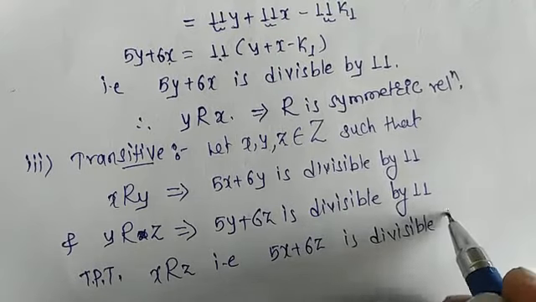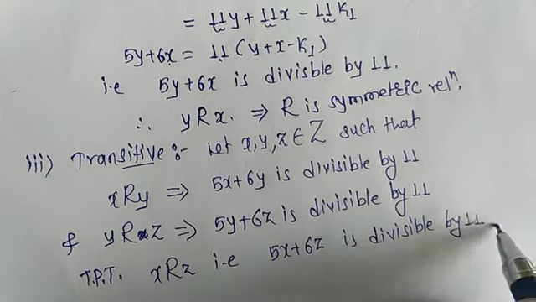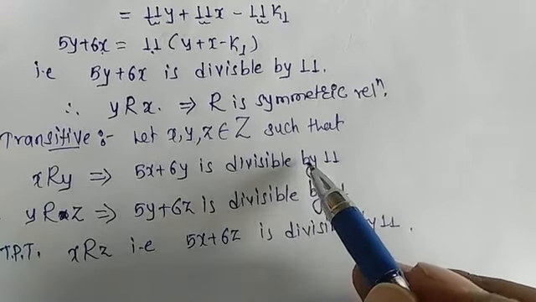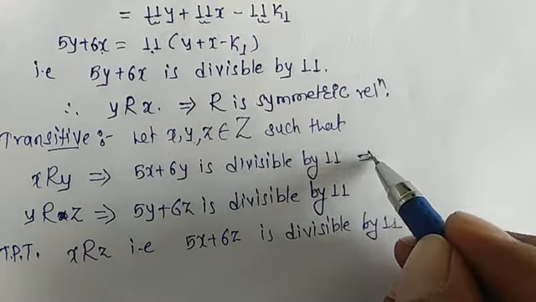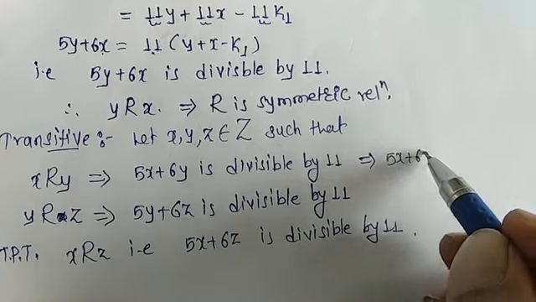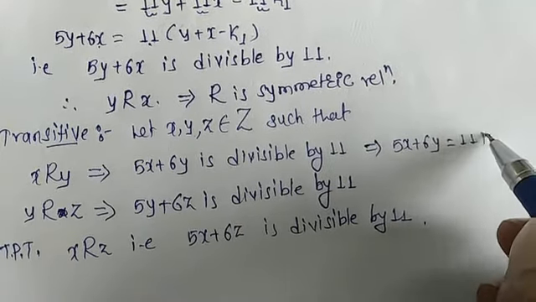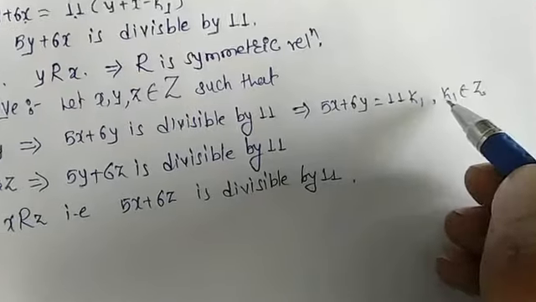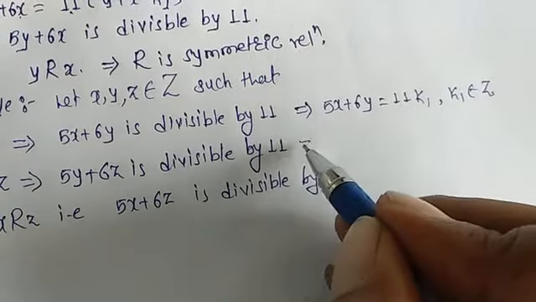This we want to prove. Now as 5x plus 6y is divisible by 11, which implies that 5x plus 6y is equal to 11k1, where k1 belongs to Z, which is any integer which we can represent by any variable.